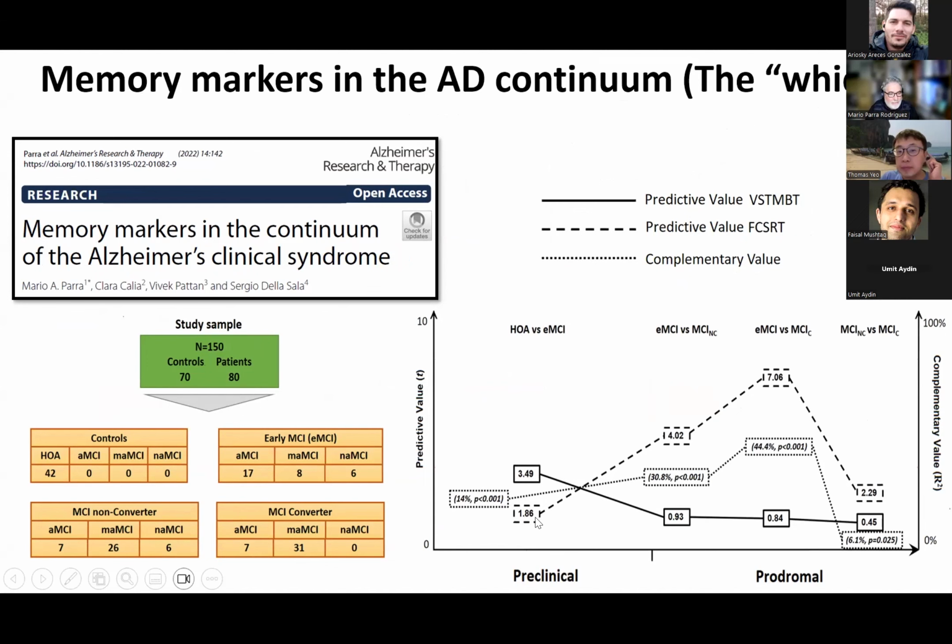These tasks perform better than other highly recommended memory tasks in the prediction of conversion from normal aging into very early stages of pathological aging that will eventually lead to the development of dementia, indicating that even though there are these compensatory changes supporting the function, it holds sensitivity for the very early preclinical stages of the disease.